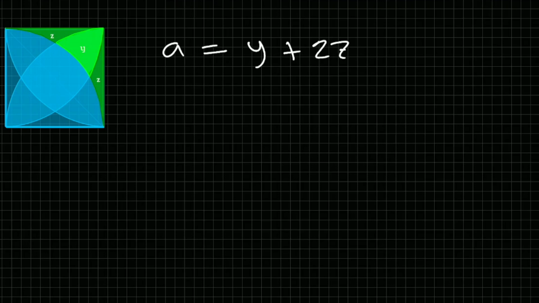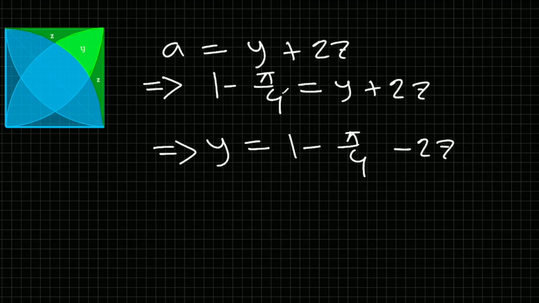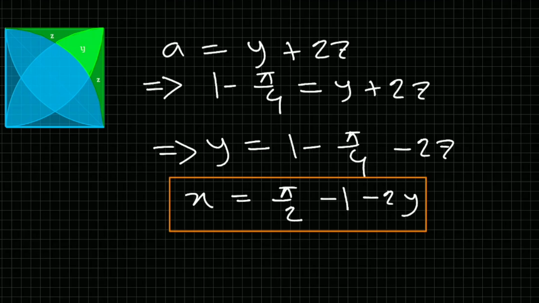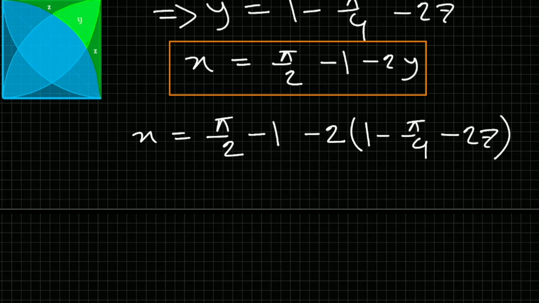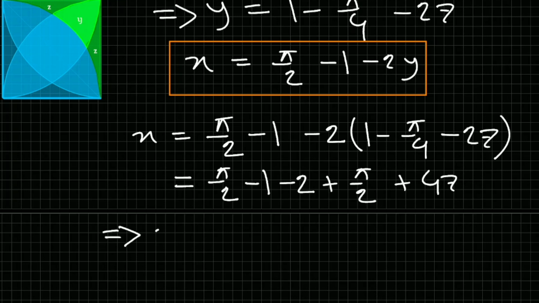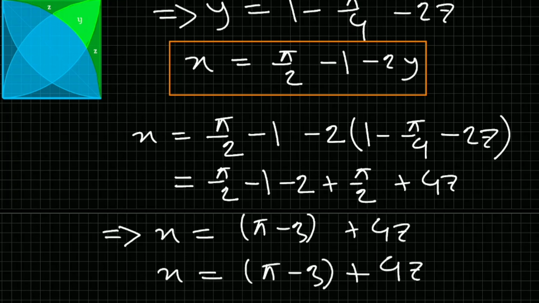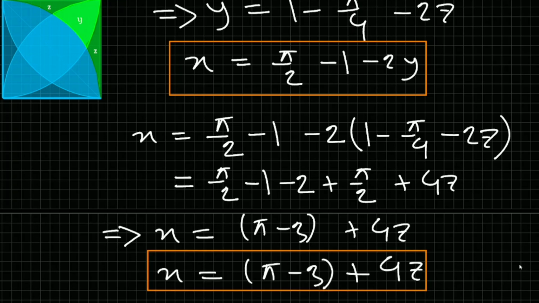If we plug in the value of A here, we get this new equation. If we substitute this value of Y in our previous equation of X, we get this equation of X in terms of Z. So the value of X, which is what we want to find, depends on the value of Z in this equation. The question is how to find the value of Z.